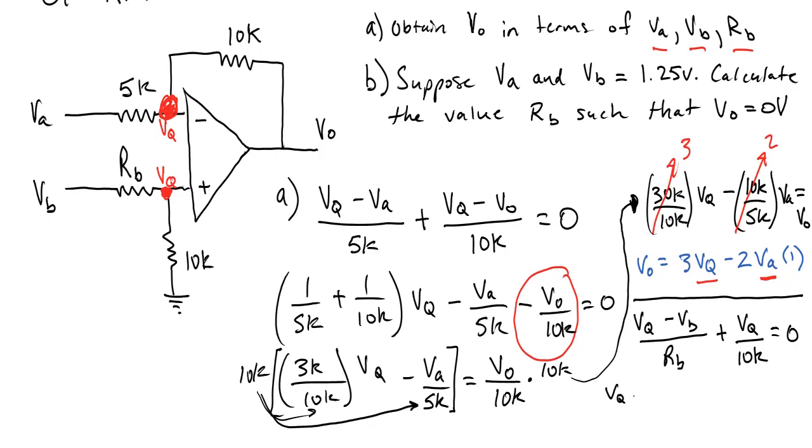And then we can say that VQ minus, whoops, went a little too fast there. We'll pull out VQ. So we've got 1 over RB from this term, and we've got a 1 over 10K, times VQ, then minus VB over RB equals 0.